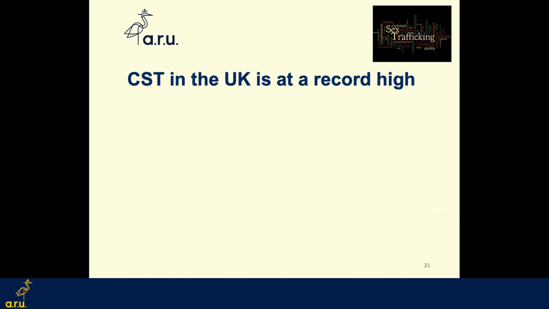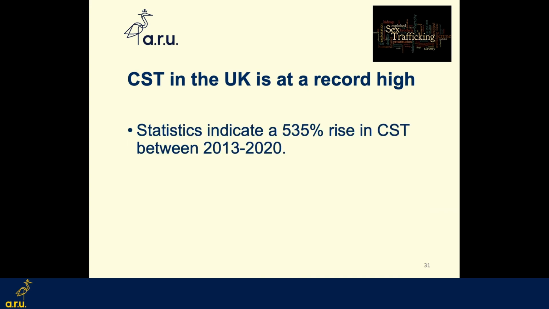So child sex trafficking is at a record high. The statistics indicate a 530% rise in the last 7 years. I'm waiting for the new statistics to be published. In 2020, the statistics plateaued a little bit, but we were all in lockdown.